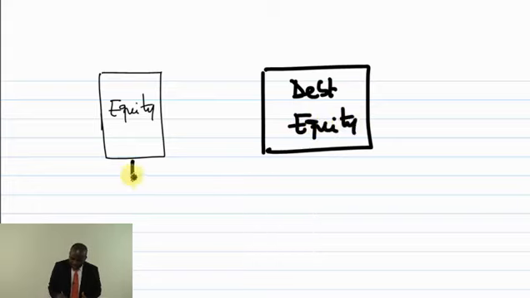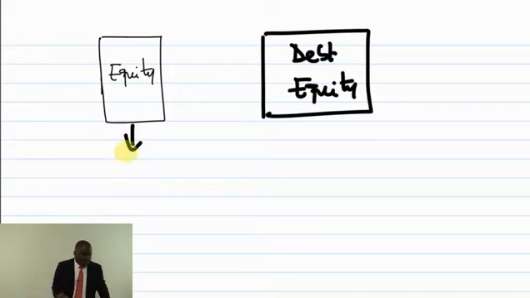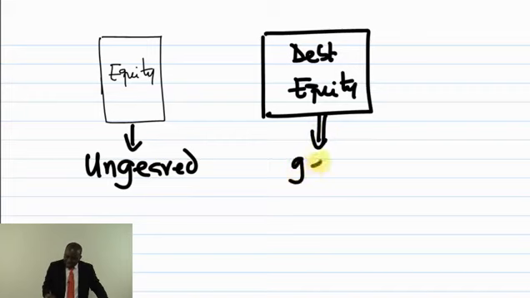When a company raises money from equity alone, we say that company is an ungeared company. But if the company raises money from debt and equity, we call it a geared company.